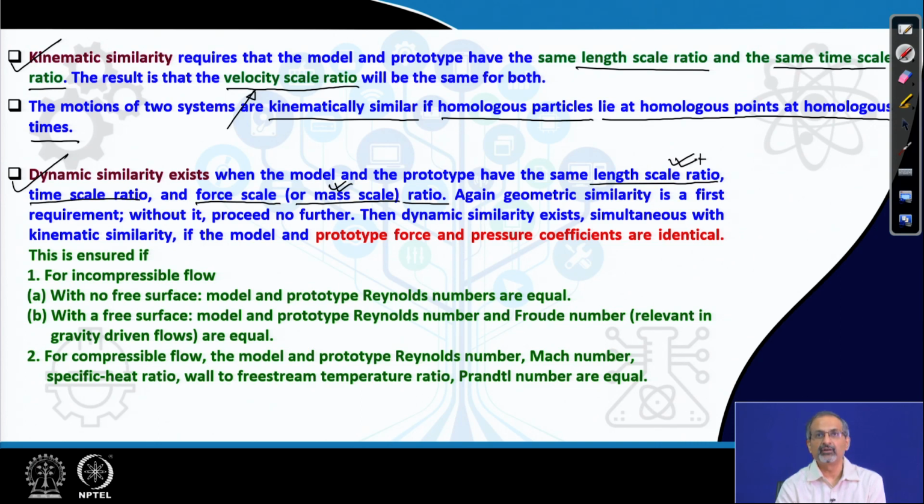Geometric similarity involved length scale ratio, kinematic similarity involved length scale as well as time scale ratio, and now dynamic similarity includes length, time as well as either force or mass scale ratio. If the model and prototype force and pressure coefficients are identical, then dynamic similarity has been fulfilled.